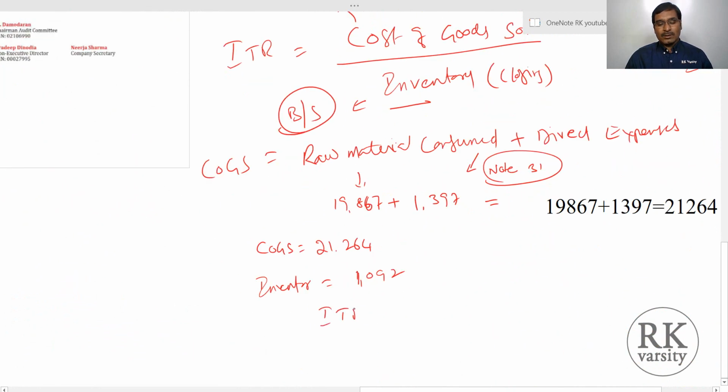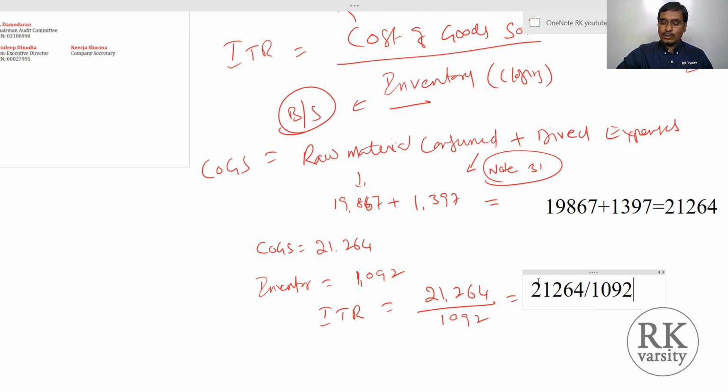So your inventory turnover ratio equals 21,264 crores upon 1092. 21,264 upon 1092. So this is 19.47.